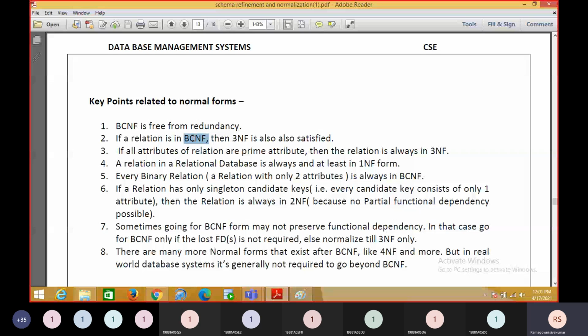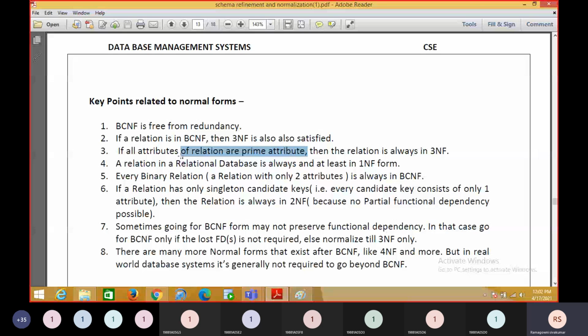A relation in a relational database is always at least in first normal form. Whatever tables you create are in first normal form, so multiple values are not stored; we store one value for each column.